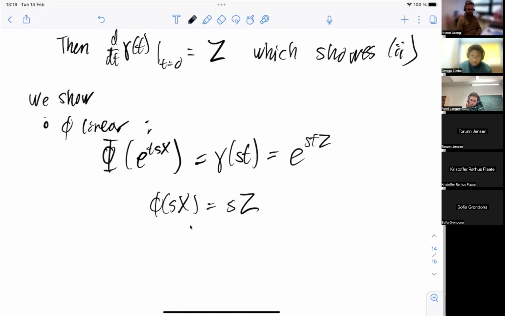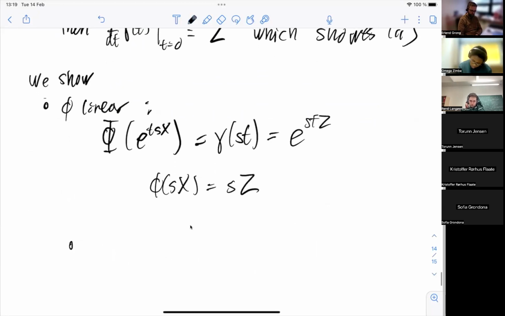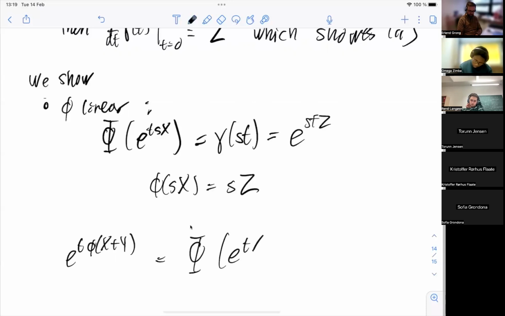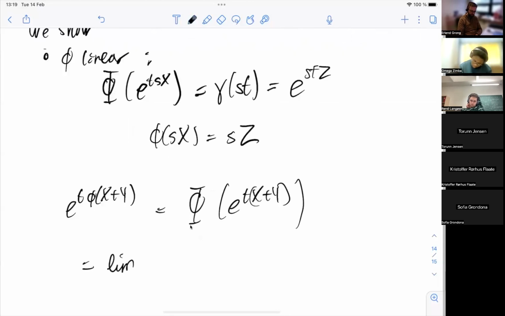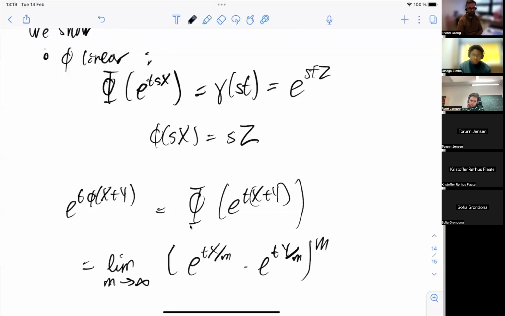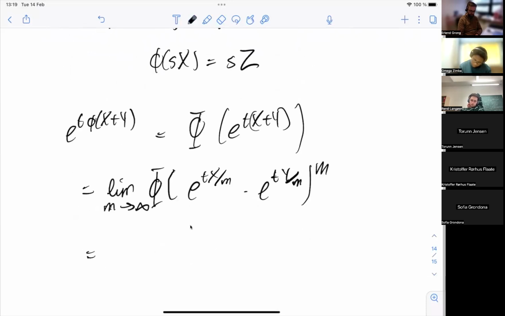and then for plus, we have that e^{t phi(X+Y)} is equal to phi of e^{t(X+Y)}. And then I can show that this is this limit. Then I can use this limit again, which we've used many times now. So whenever we want a plus from this matrix multiplication, this is the limit we go to. And now we use that this is a group homomorphism.